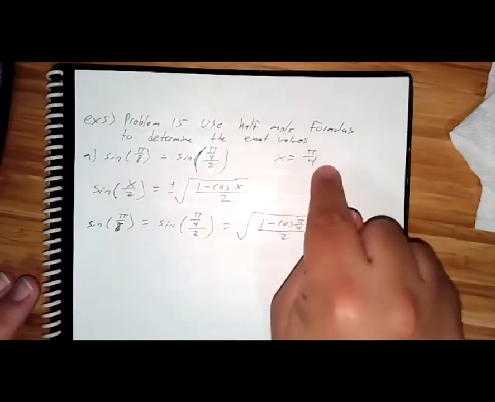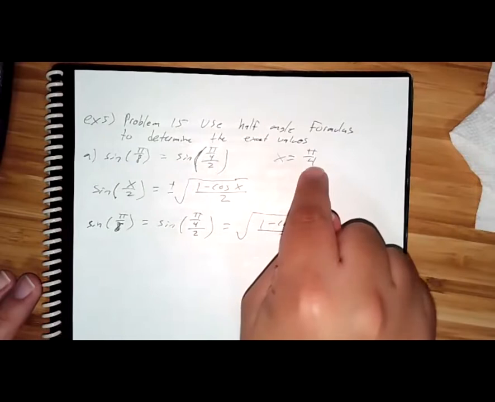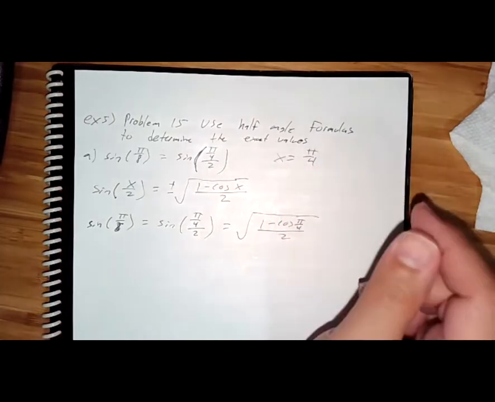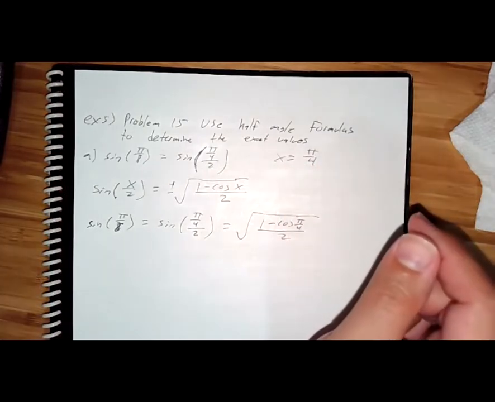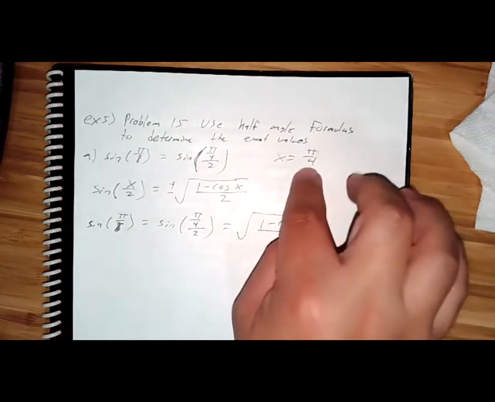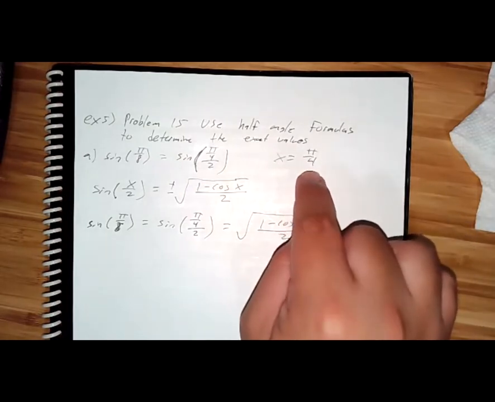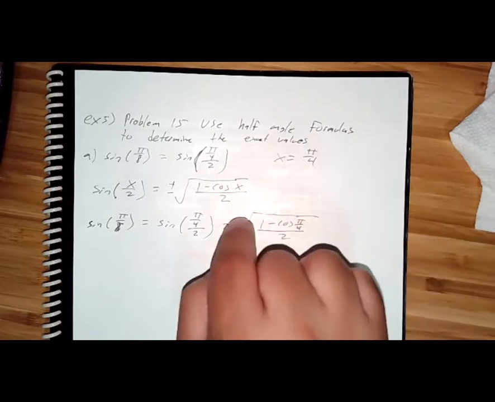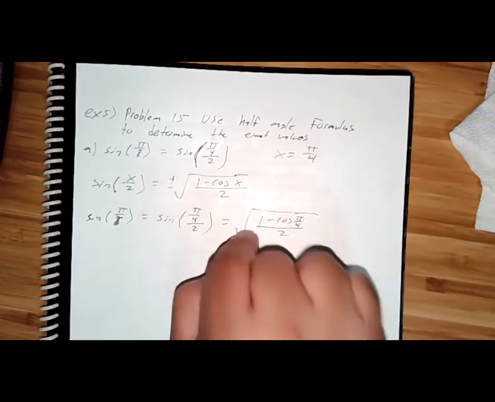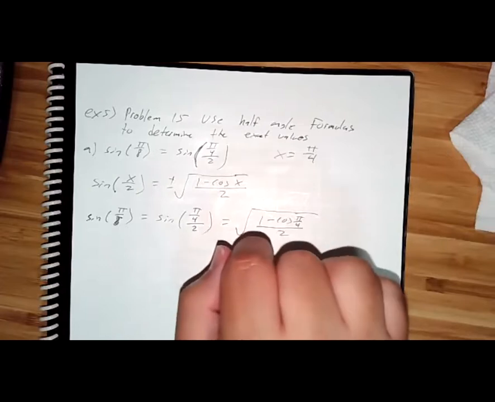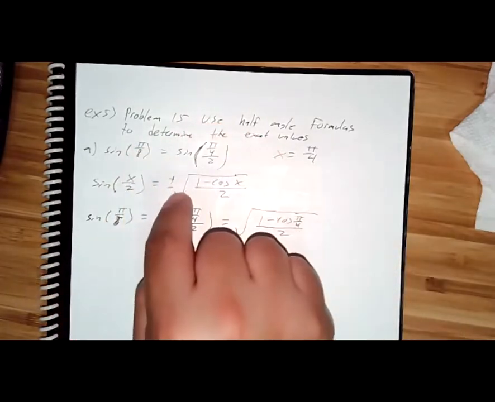We know pi over 4 is quadrant 1, correct? So half of it should still be in quadrant 1. This is 45 degrees, and half of 45 degrees is still in quadrant 1. So we choose the plus. That's why it's positive. If this was somewhere else, that may change the sign.